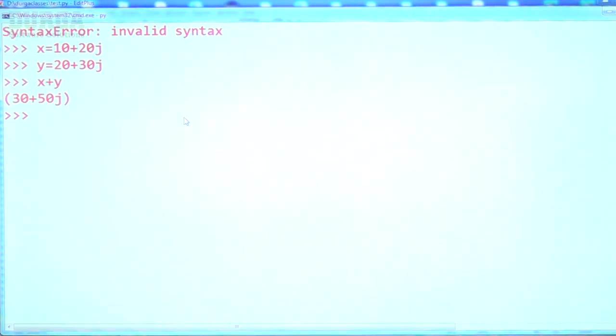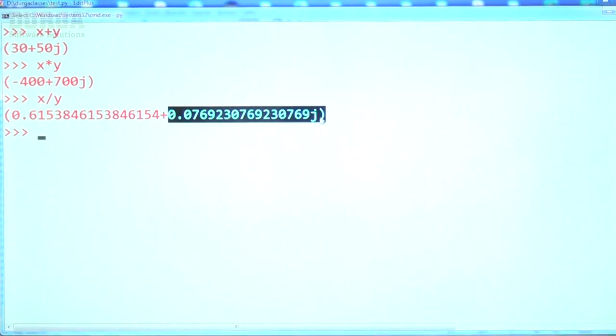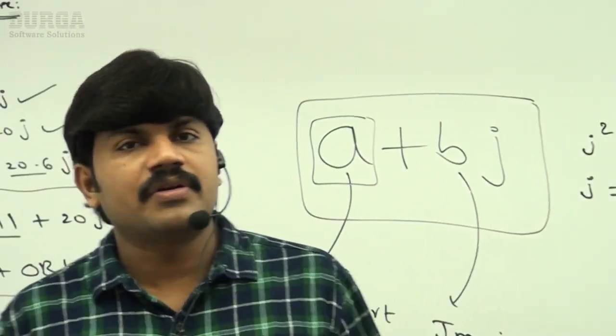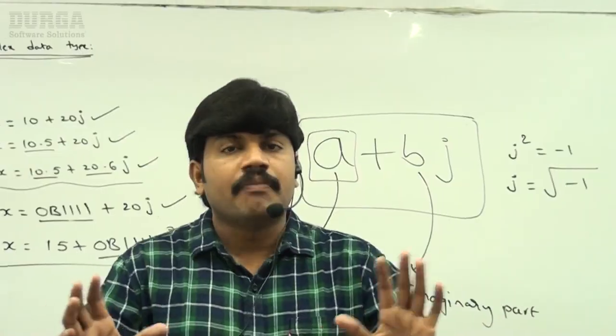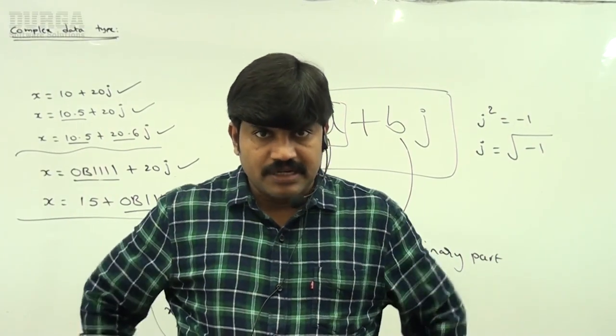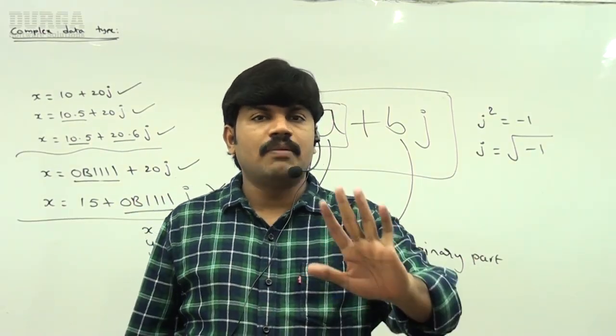Like this, we are getting x into y as minus 400 plus 700j. x by y, some value we are going to get, 0.6 plus 0.07, something like that. So about the internal working, we are not required to worry, sir. We can just perform mathematical operations for complex numbers also. Just be aware of this. This is the basic introduction about the complex data type.